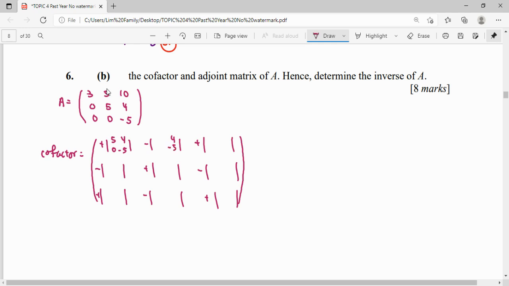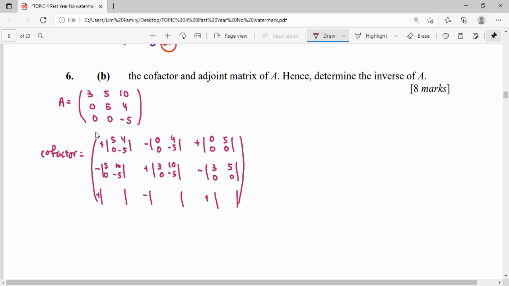So copy and paste, in and out, those vertical are 0, 0. Then for row 2, this is position 2, 1. Row 2, column 1, we have 5, 10, 0, negative 5, so copy and paste, in and out, those vertical are 3, 0.